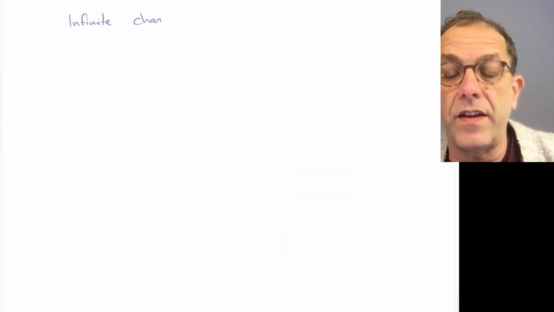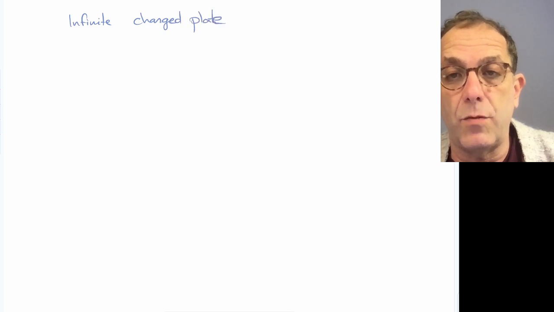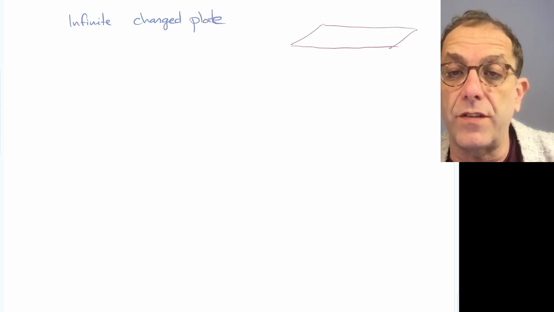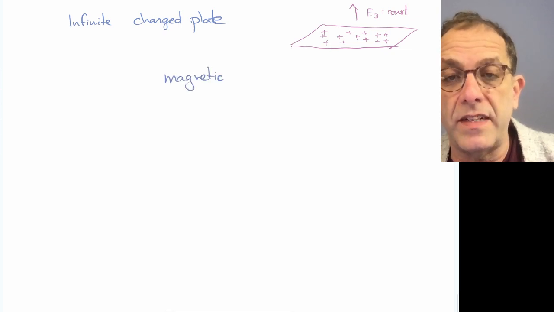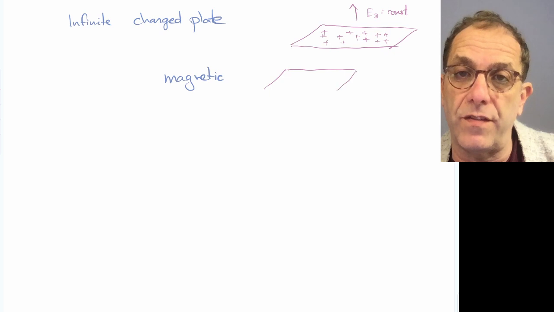Even simpler solutions of Maxwell are for the infinitely charged plane, in which case we have a constant electric field pointing out of it. Likewise, we can take an infinitely charged magnetic plane with a constant magnetic field pointing out of it.